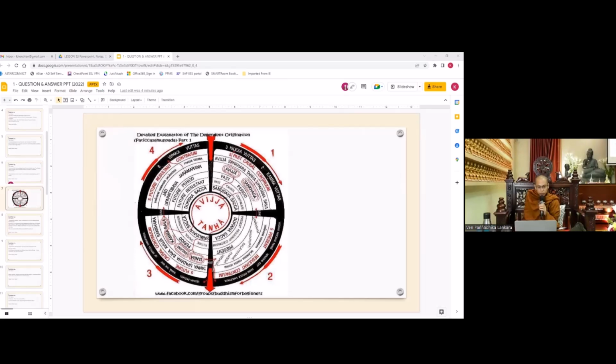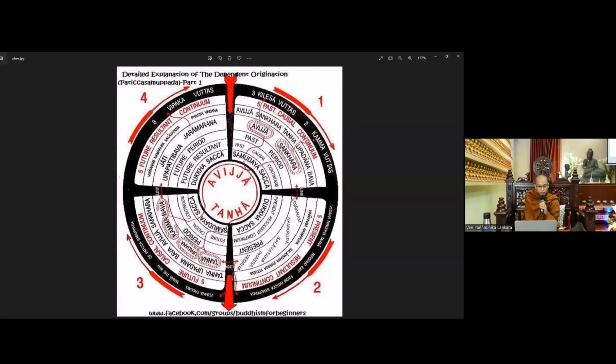Also, information about the four noble truths is added. So dukkha satya, the resulting parts, are called the dukkha satya. And the causal parts are called the samudaya satya.